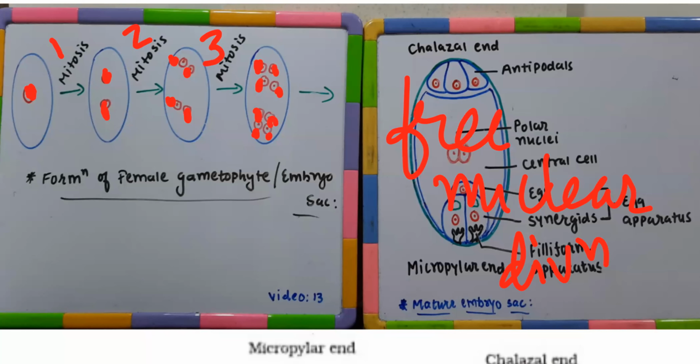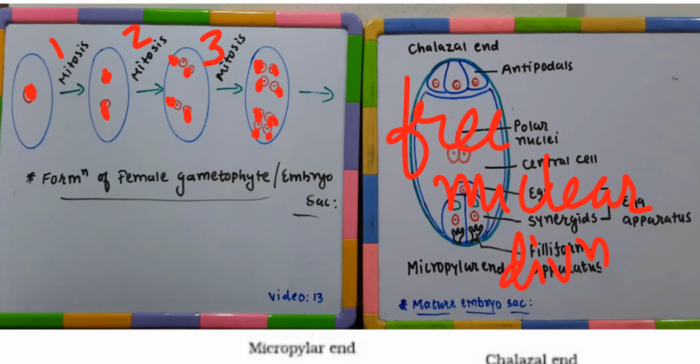It was only nuclear division not followed immediately by cytoplasmic division. So no cell wall formation, no cytoplasm division. Within common cytoplasm, all 8 nuclei are formed. That's how the female gametophyte develops.